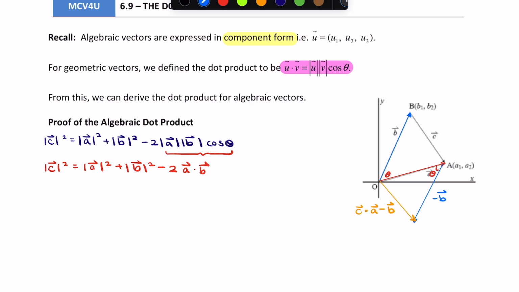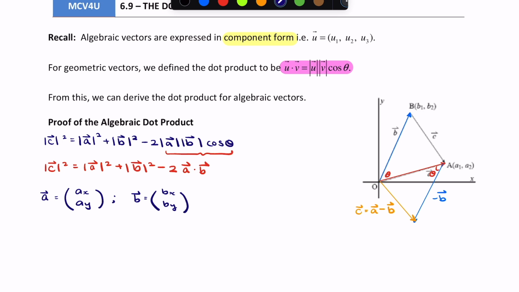Now if we write it in component form, then vector a is equal to its x value and its y value. Vector b has the b value of x and the b value of y.